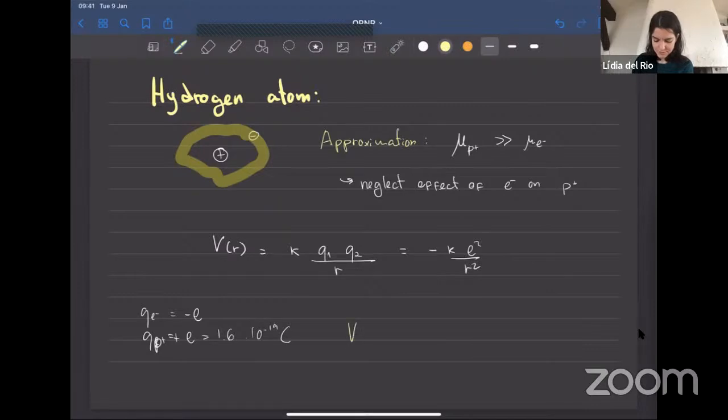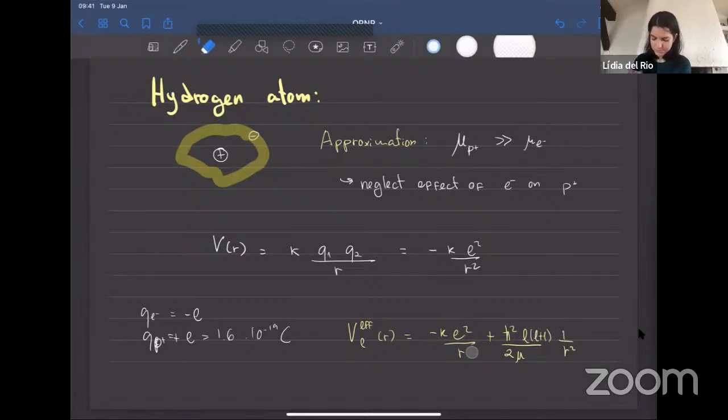So V effective of L of r is minus k e squared over r plus ħ squared over 2 mu, L times L plus 1, over r squared. Sorry, this one is not squared.